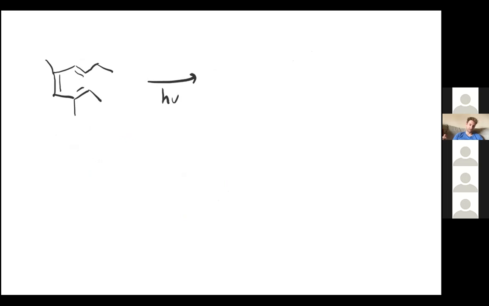We're now doing this in light instead of heat. So we make a double bond here, double bond here, double bond here. This is going to be the general structure of our reaction. Now we have to look at the orbitals.